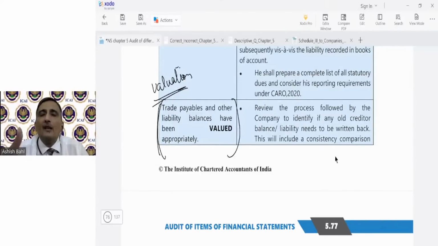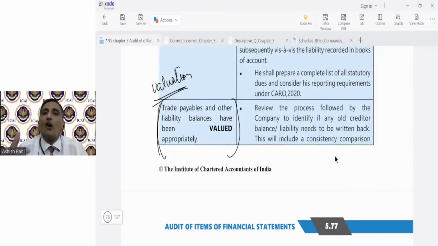When you are verifying trade payables, obviously you are simultaneously also going through purchase transactions, and when you verify the purchase transactions, when you see that the company has in fact purchased those goods, then there is a corresponding obligation to pay the amount to the trade payable.